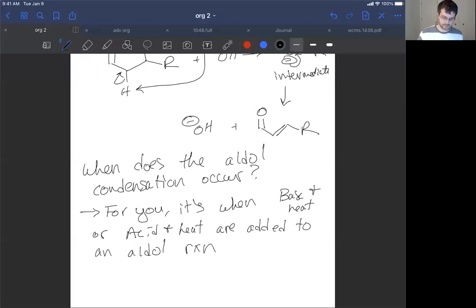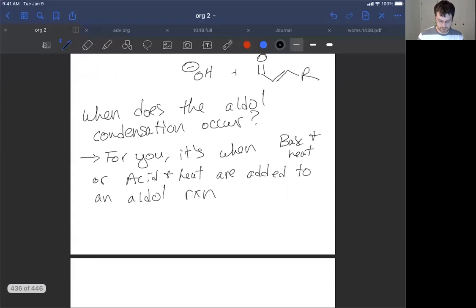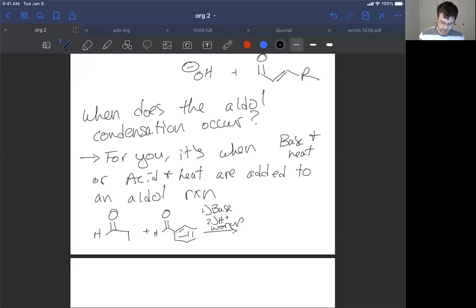So let's say we take our previous aldol reaction. What we did was we had step 1, we added base, and step 2, we added H plus workup. And we had a small excess, not an excessive excess, of this being added, and we did an aldol reaction.